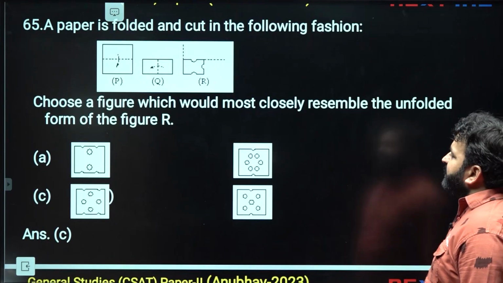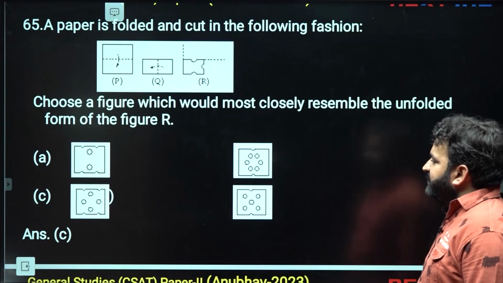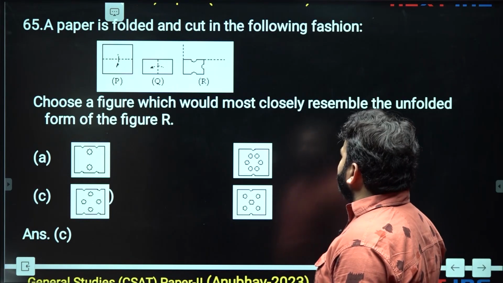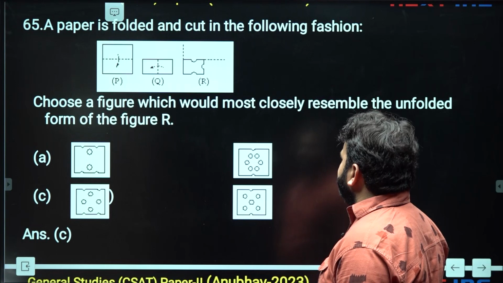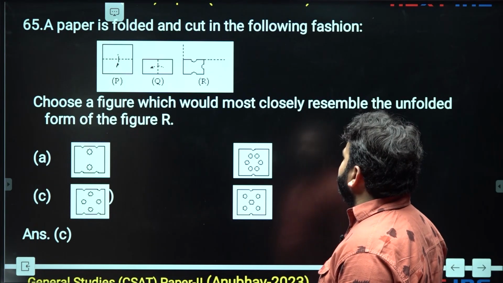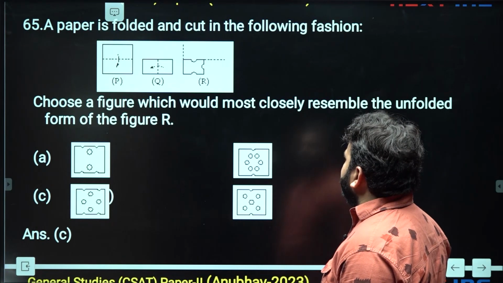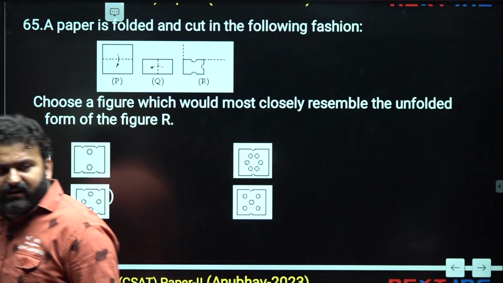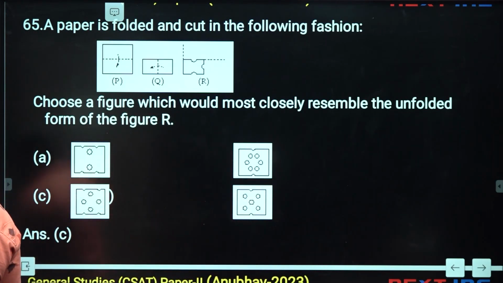A paper is folded and cut in the following fashion. Choose a figure which would most closely resemble the unfolded form of figure S. Now here in this case, all of you, for these types of questions, what is the best approach?